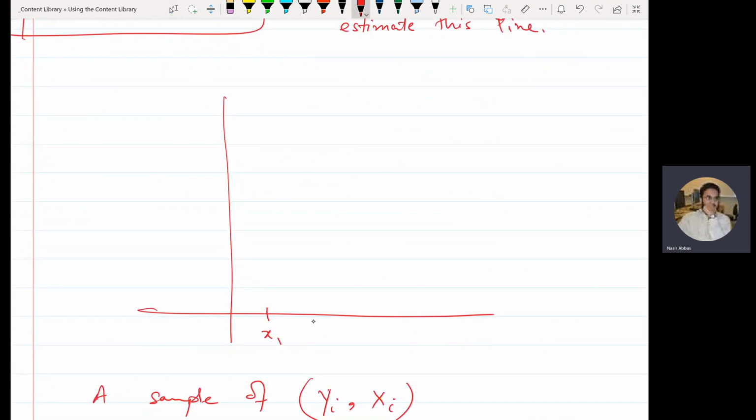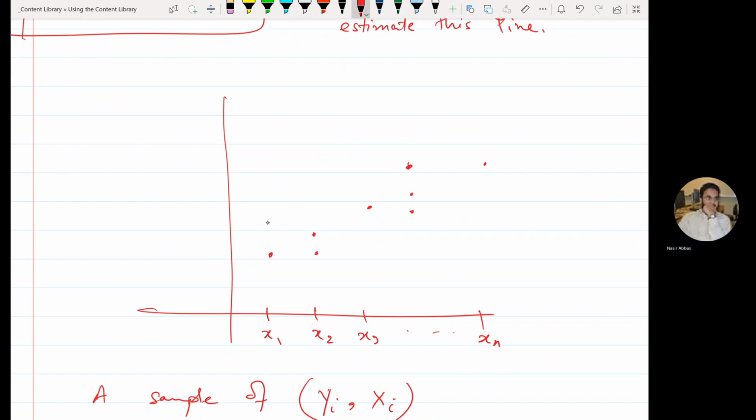Let's say this is x1, x2, x3, all the way up to xn. Maybe there is only one value of y when x is x1 in my sample. One value here, maybe 2 values here. Maybe just 1 value here, and so on. 1, 2, and 3, and maybe there is 1 value here.